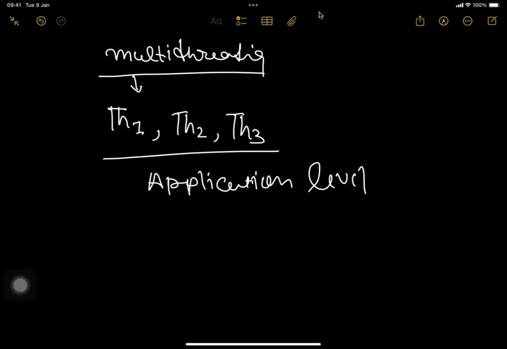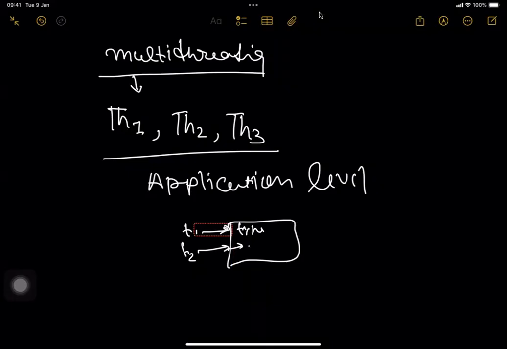That is one example. The other example is, let us assume you are having a Word document, and you are typing some article. While typing, you can see that at the same time someone is showing that you made a spelling mistake. So you are having a document, one thread is helping you to type, and another thread is checking what you are typing, whether your typing has any syntax error or spelling mistake.